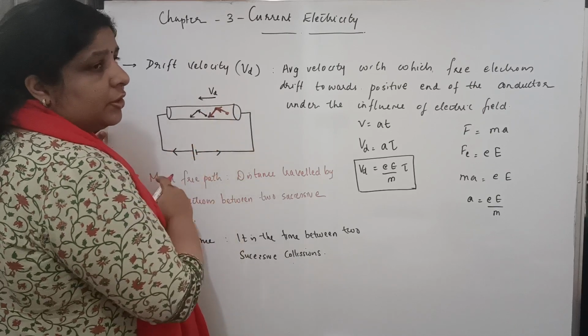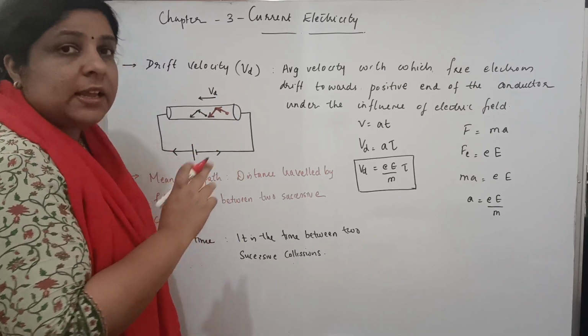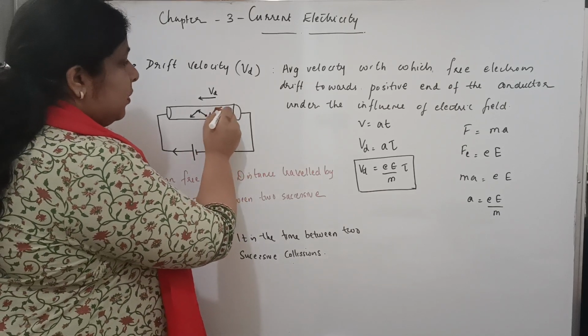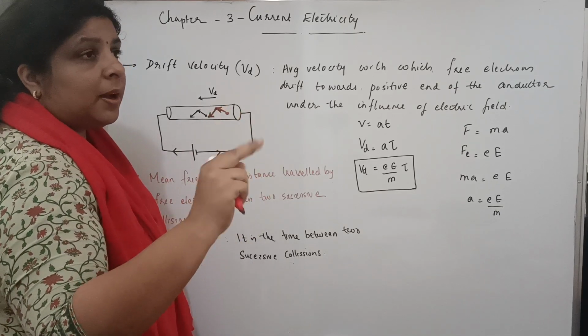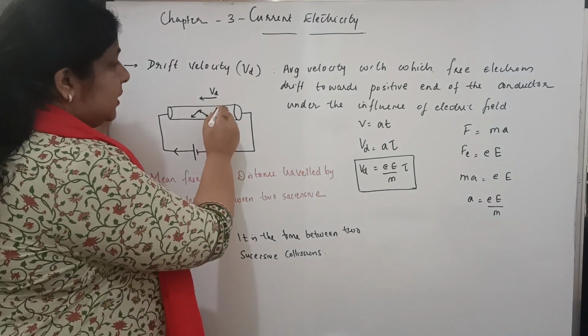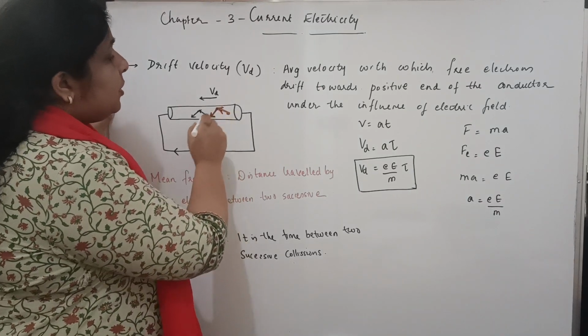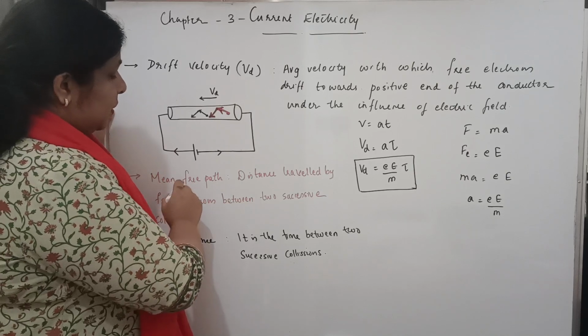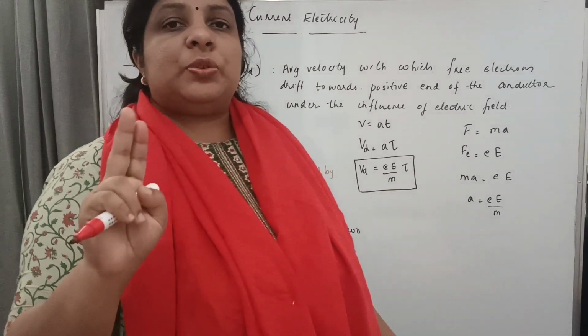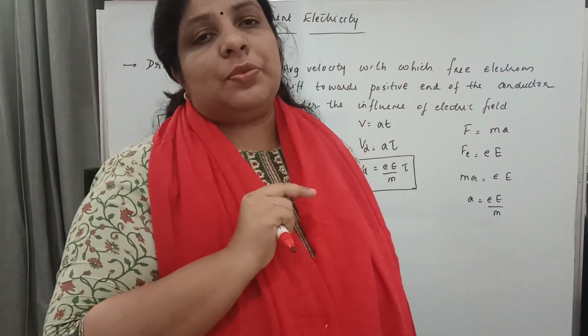This is how the electrons move under the influence of an electric field. How much distance is traveled by the electron between two successive collisions? That is known as mean free path.